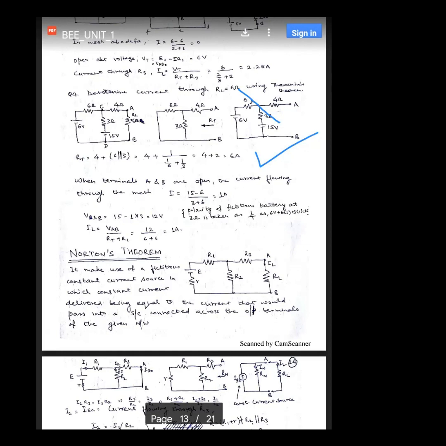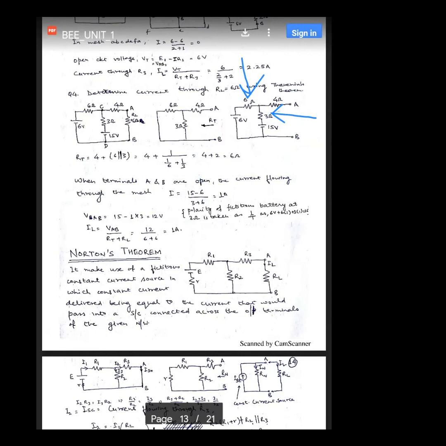So the effective voltage in this loop is 15 minus 6, and Ohm's law is applied. So 9 upon 9 is 1 ampere. So the current flowing through this 3 ohm and 6 ohm is 1 ampere.